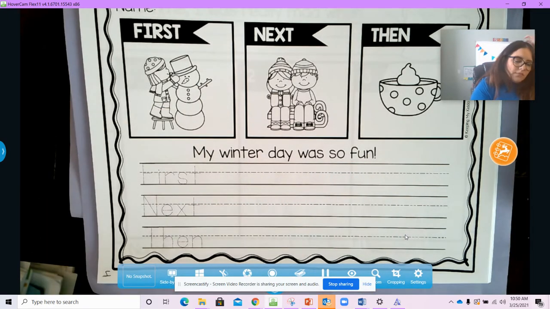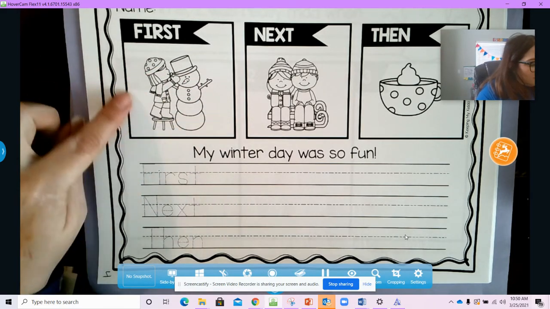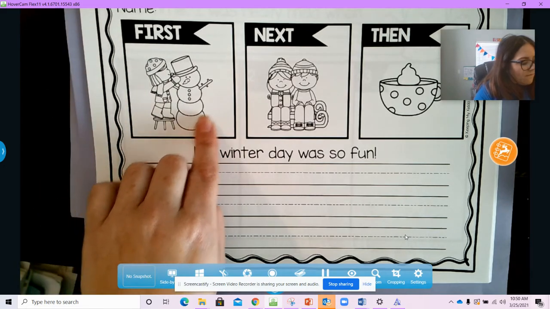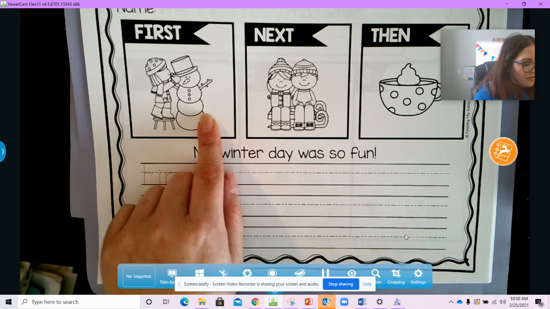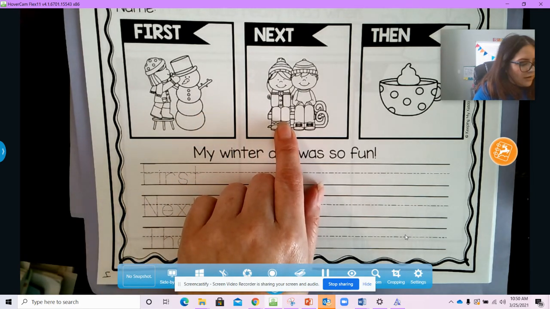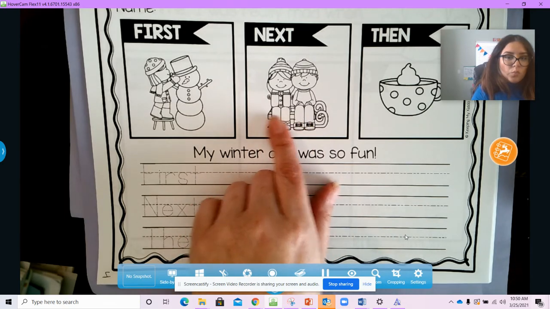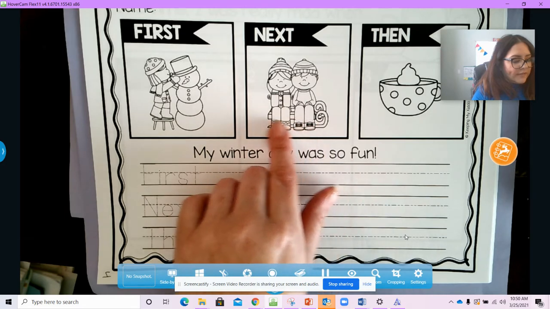First, what does it look like happened first here? Okay. It looks like first I made a snowman, and then, so there's more than one person, so we went sledding. I see them sitting on a sled.